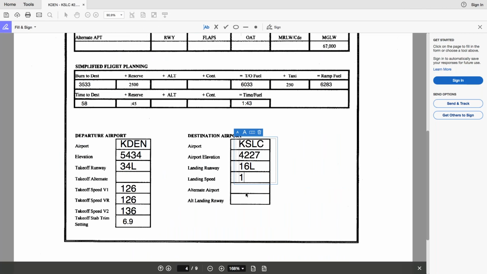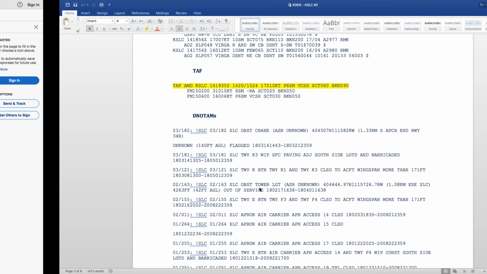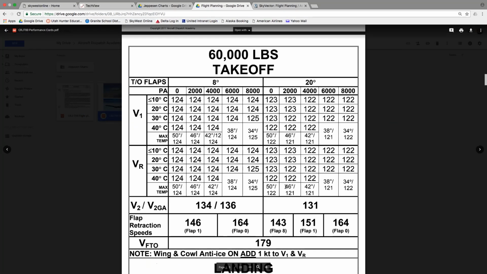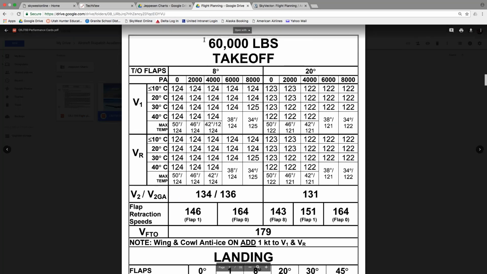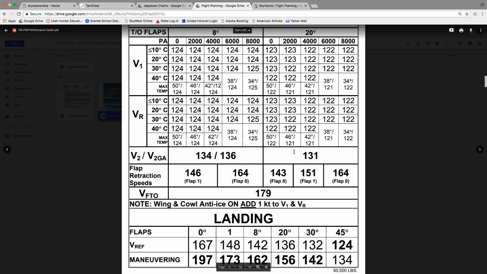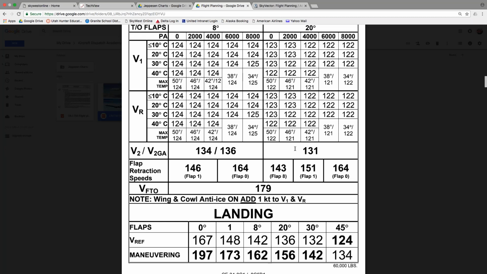Can you show me which takeoff chart you used again? The landing weight. 60, okay, I got confused because of the takeoff part. Oh, yeah. So we go to the landing weight. So take this for our pounds. Landing, okay?